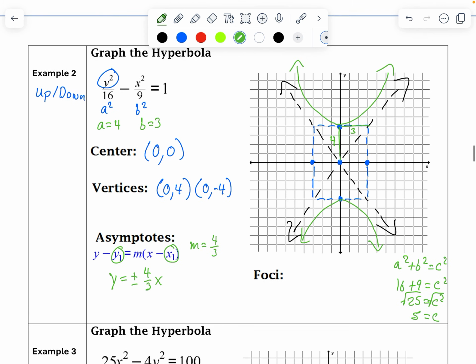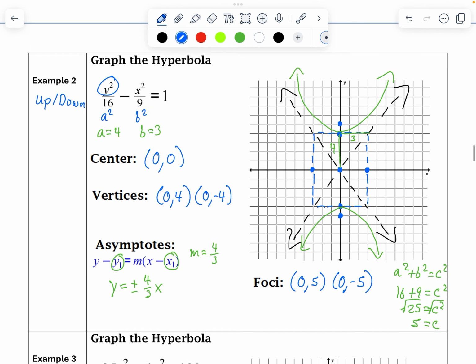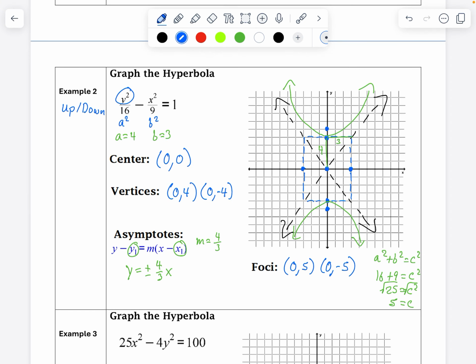So from our center point, following our vertices, which go up and down, we're going to mark our foci above and below that. And they have nice coordinates. They're not radical answers. So it goes 0, 5, 0, -5. And I'm just double checking, make sure we listed our center, our vertices, asymptotes, and finally the foci. And we have everything on the graph that we need.